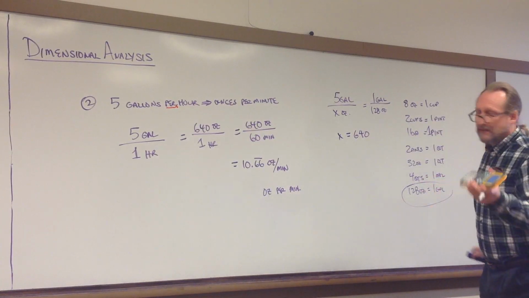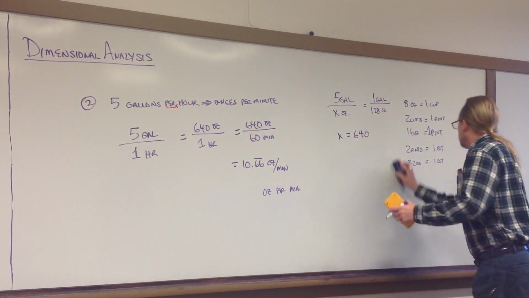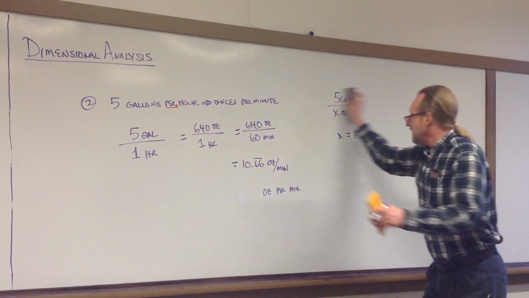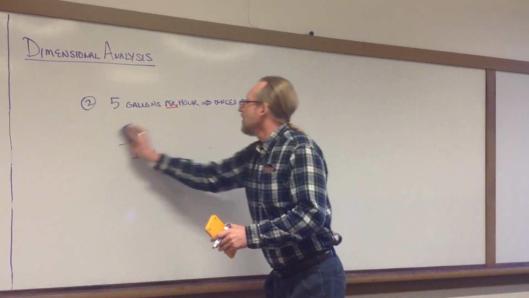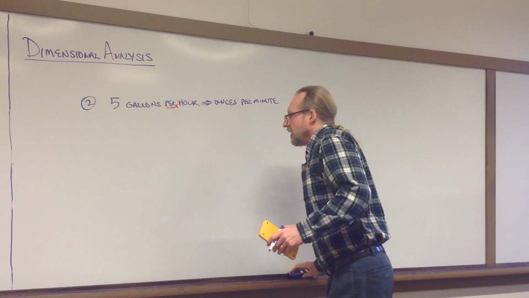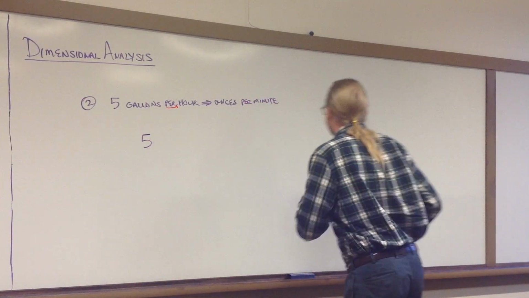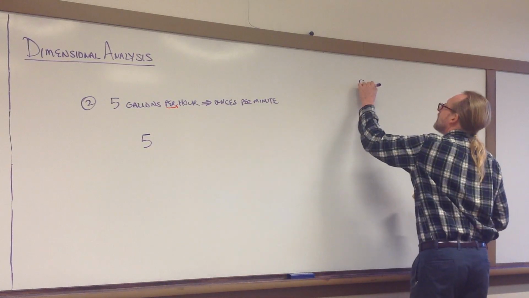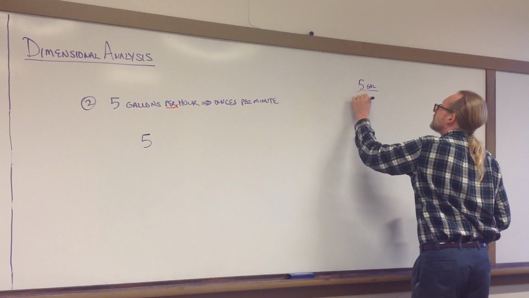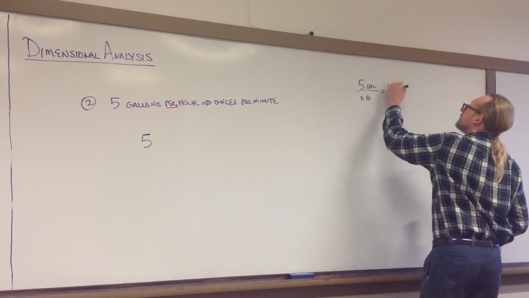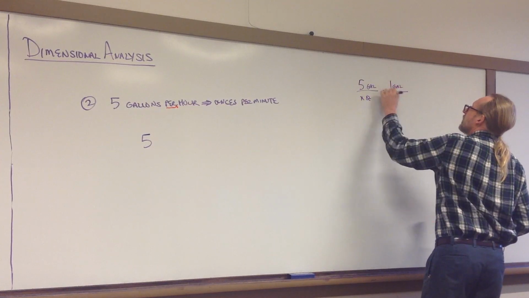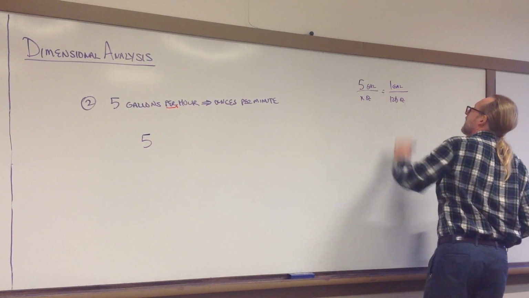Oh, now that I've done this, let me show you the process for dimensional analysis, which is related to proportions, but it works backwards, because in a proportion, if I set up 5 gallons is X ounces, if we know that 1 gallon is 128 ounces.